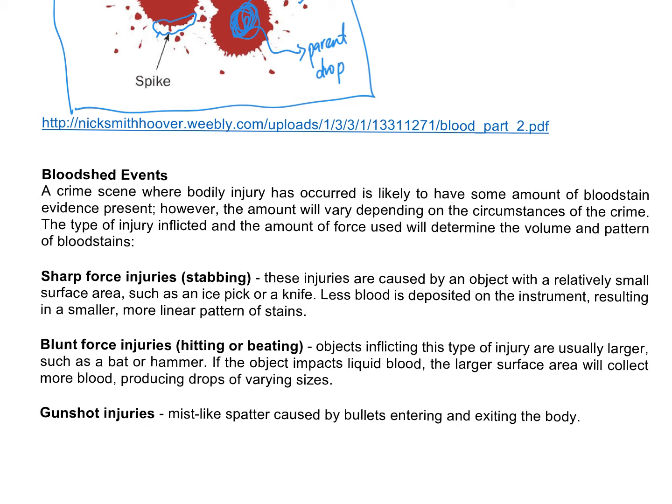Usually for this type, there will be more blood coming out, and the drops will have various sizes. Compared to sharp force injuries caused by a smaller surface area weapon, less blood will come out. You see smaller, more linear patterns of the stain. Gunshot injuries, as I've talked about previously, produce a mist-like splatter.